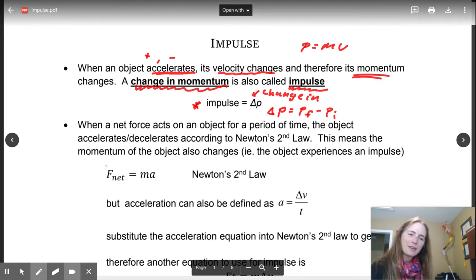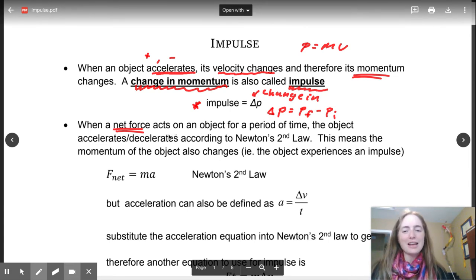So let's think about changing our velocity. What does change in velocity actually mean? Acceleration. Because if we're going to have velocity changing over time, we're going to get acceleration. Well, in order to accelerate, we need a net force. Bring back Newton's second law.